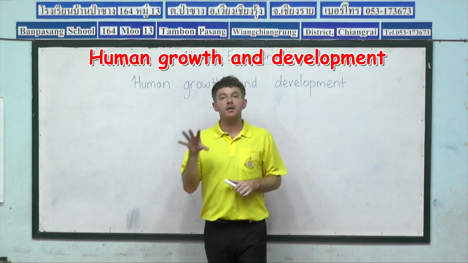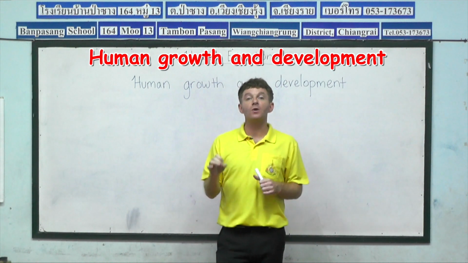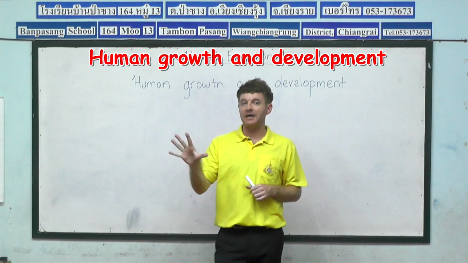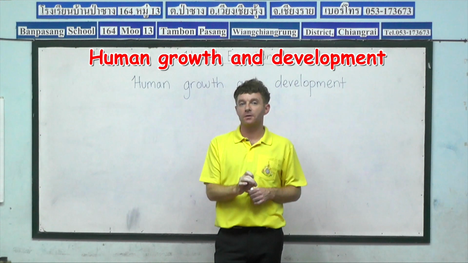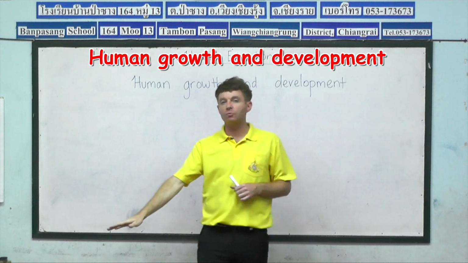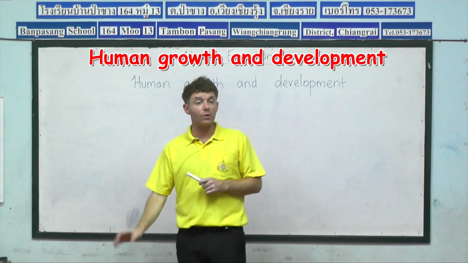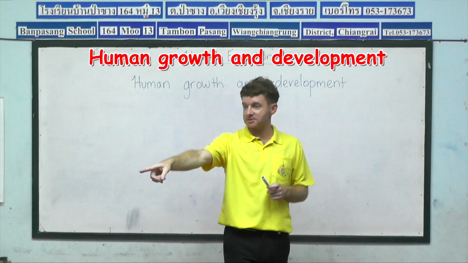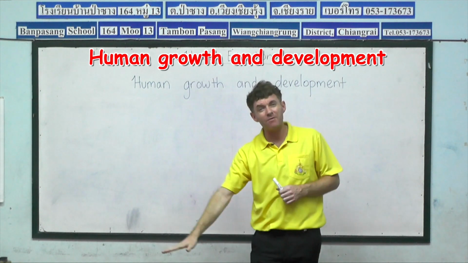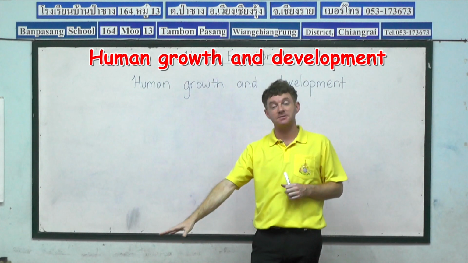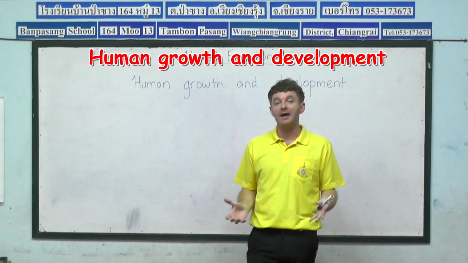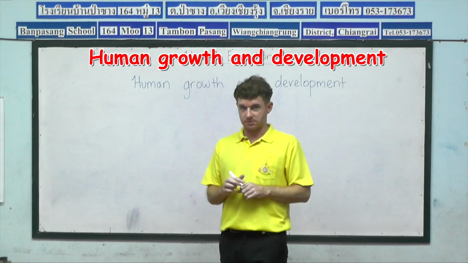Yes, and thinking back to the previous lesson, we learned about 5 main stages of human life. Who can remember the stage we call when we are very little? Just after we are born, we are infants. Excellent. When we're very little, babies, that is a period in our life where we are infants.